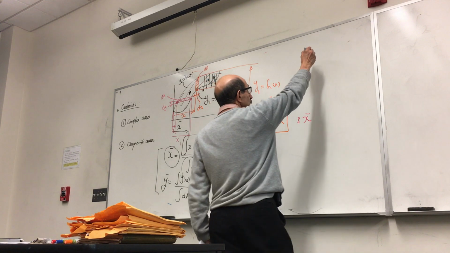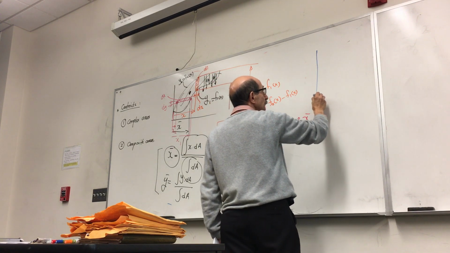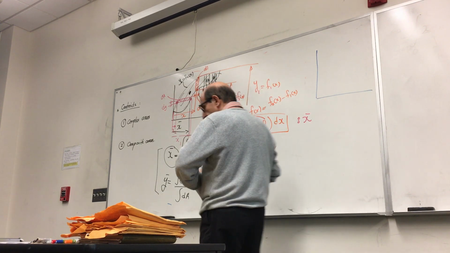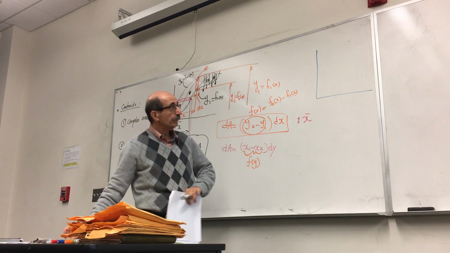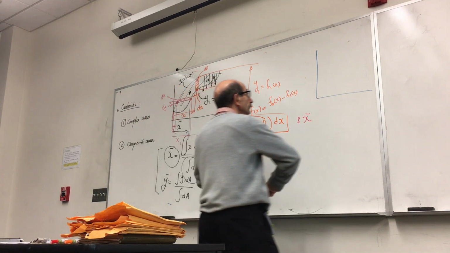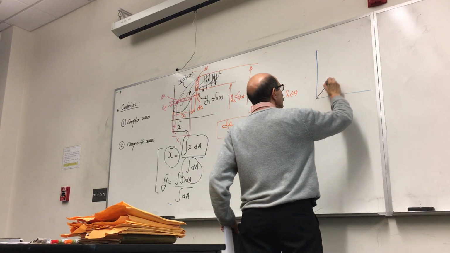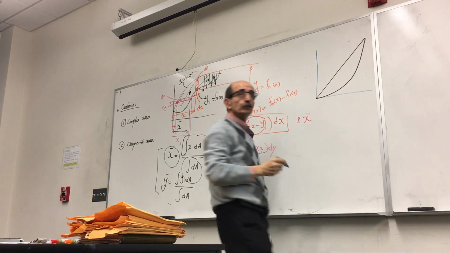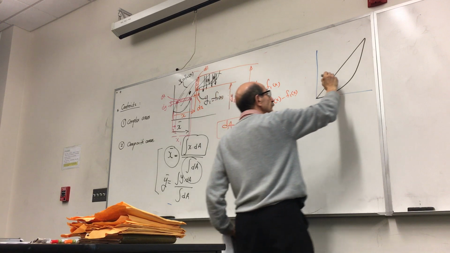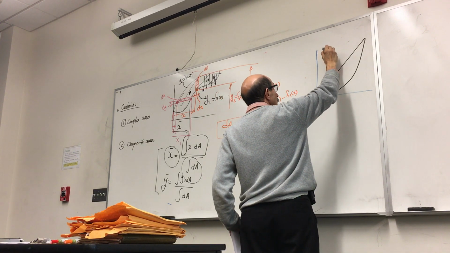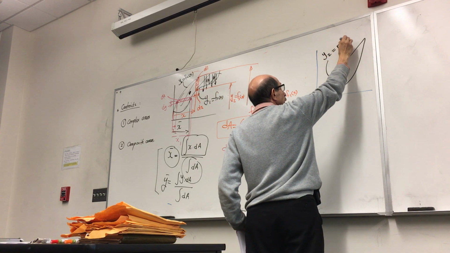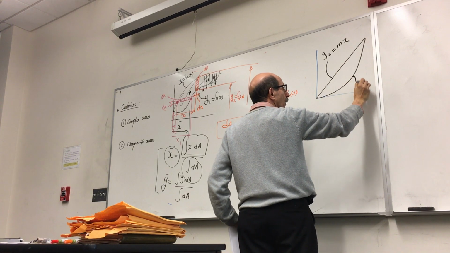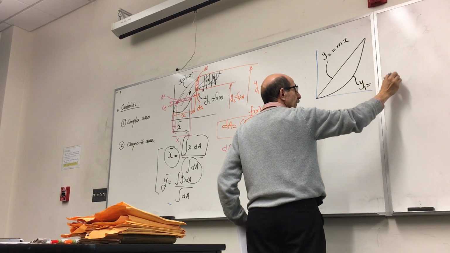So I'm going to start with an example, and this is the example. Let's say you have an area, okay, described or given by the intersection of two functions. This function, I call that y2, is mx. This one, y1, is kx squared.